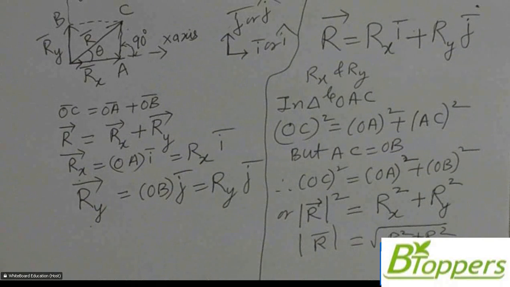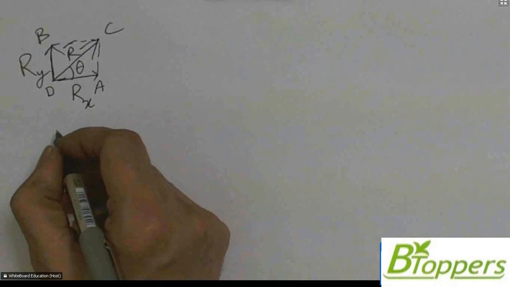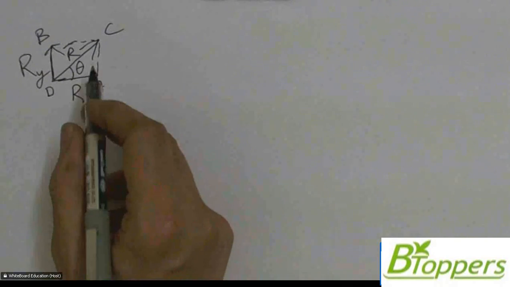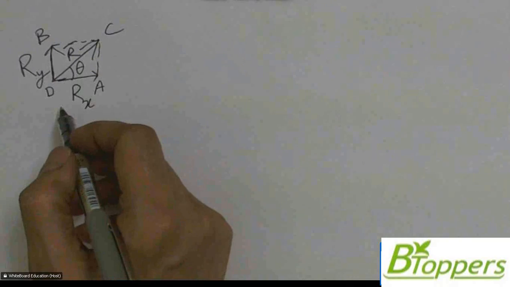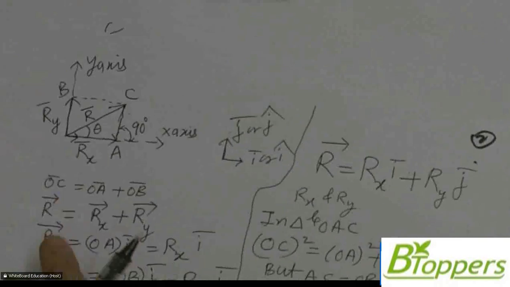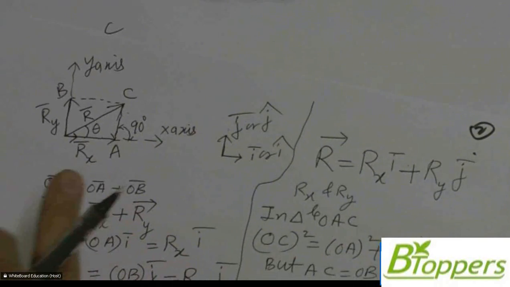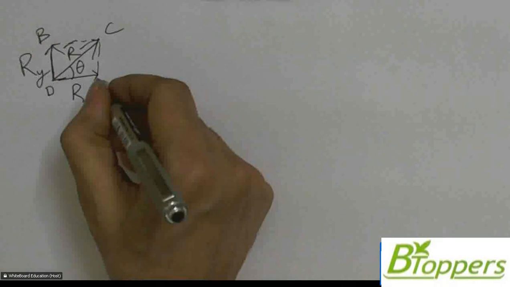In the given figure, theta is the angle made by the vector r bar with the x-axis. So I have drawn the same rectangle which I have shown in the earlier diagram. The same rectangle again I have shown here.